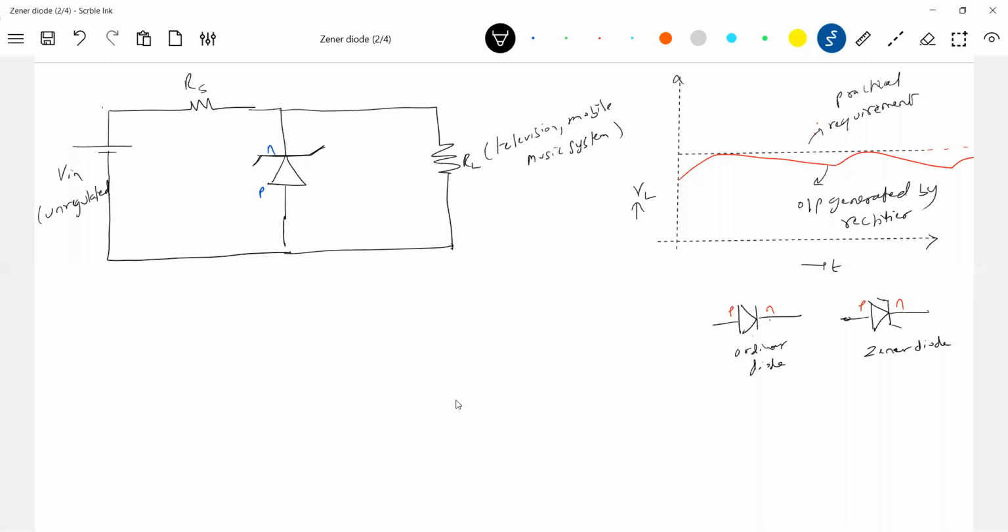This is a load. This is unregulated. Where is it coming from? Output generated by the rectifier is unregulated voltage, or an unregulated signal, the output of the rectifier. Have this much background.